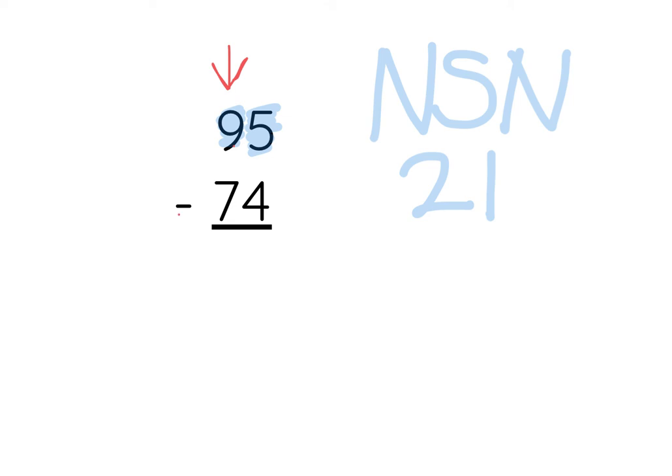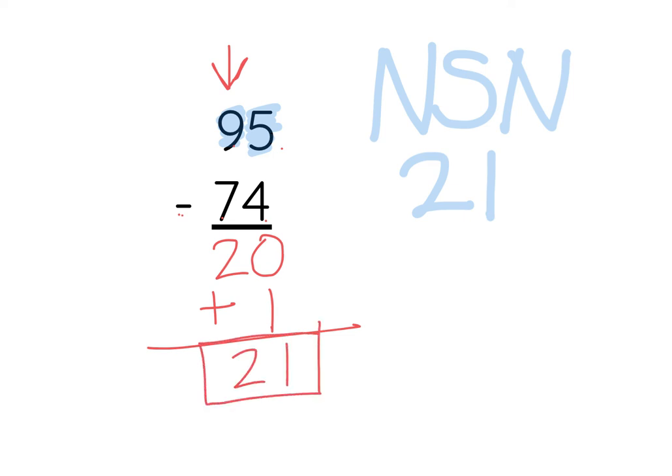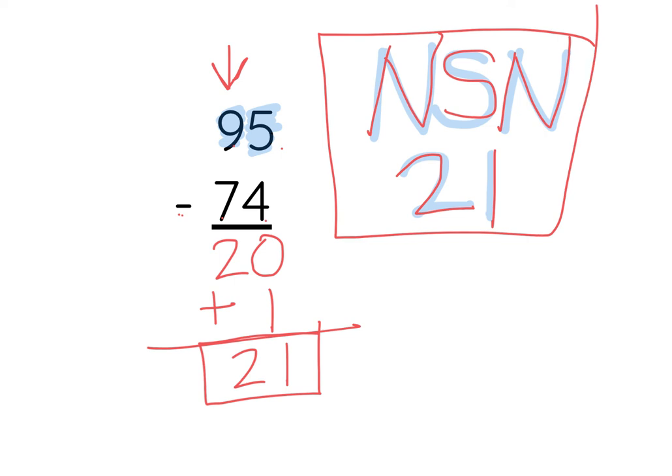So 90 minus 70 equals 20. 5 subtract 4 is a positive 1 because 5 is bigger. 20 plus 1 is 21. But really, you should just write NSN, no strategy needed. The answer is 21. Those are perfect. That's why we pay attention to our problems and look to see where the bigger digits are.